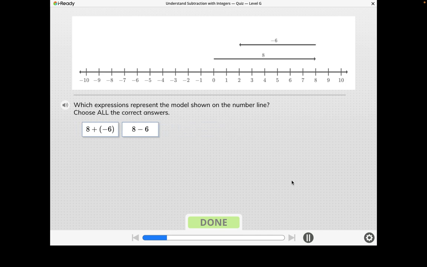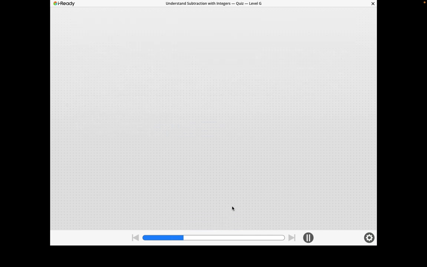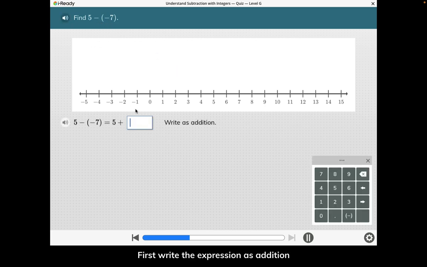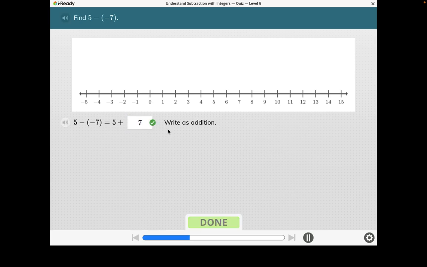It's not this one either. So 5 minus negative 7. So it's 5 plus positive 7. So that's going to equal 12. Let's keep going.